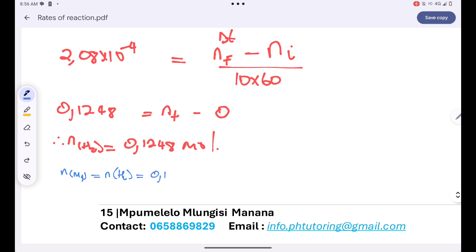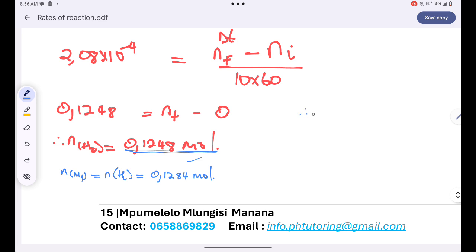That's 0.1248. Remember that, guys, magnesium will be used up completely to form hydrogen. If this is the total number of moles for hydrogen that were formed, that means the total number of moles initially for my magnesium were these. Are you together? But what am I looking for?